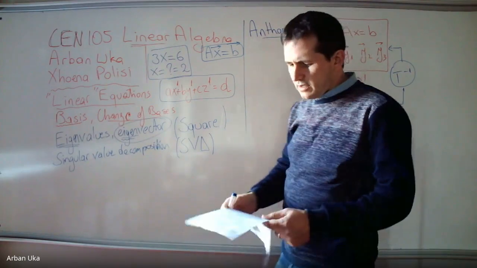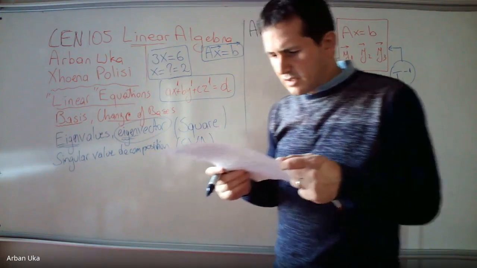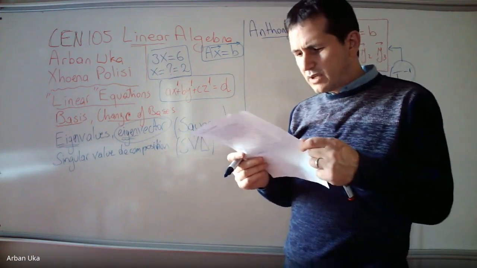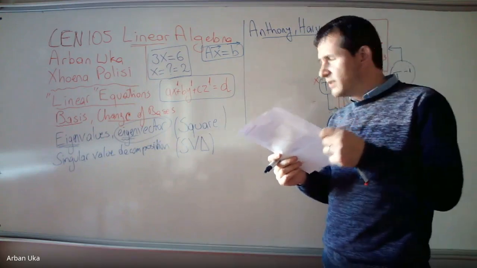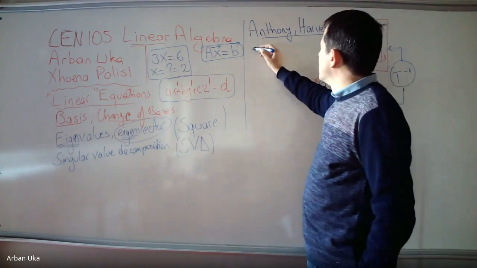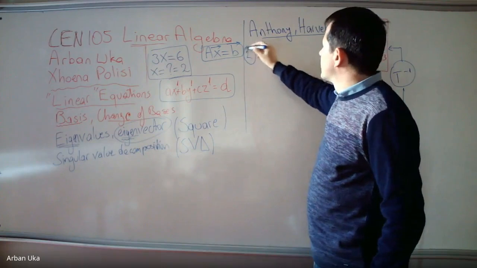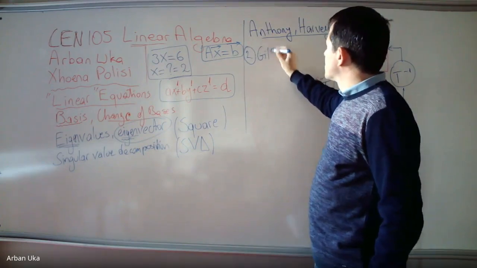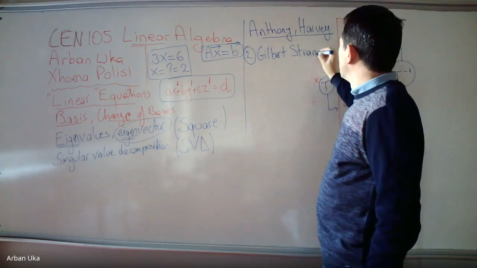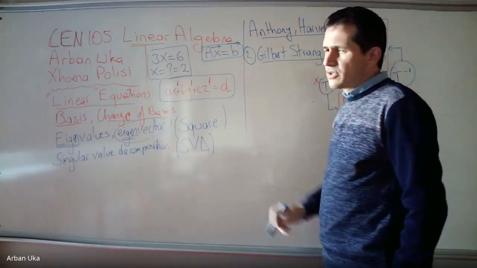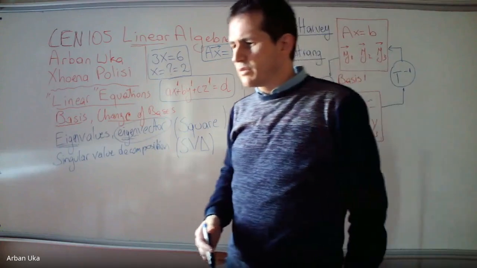You can find the title of this book even in the syllabus. The title is Linear Algebra: Concepts and Methods by Martin Anthony and Michele Harvey. So this is the first textbook. The second one is a book written by Gilbert Strang. This is also a very classical textbook. I strongly suggest you can read both.